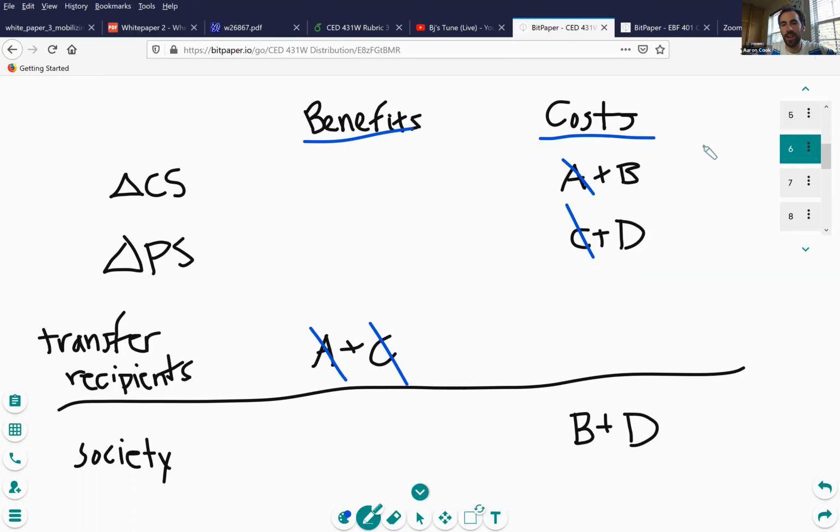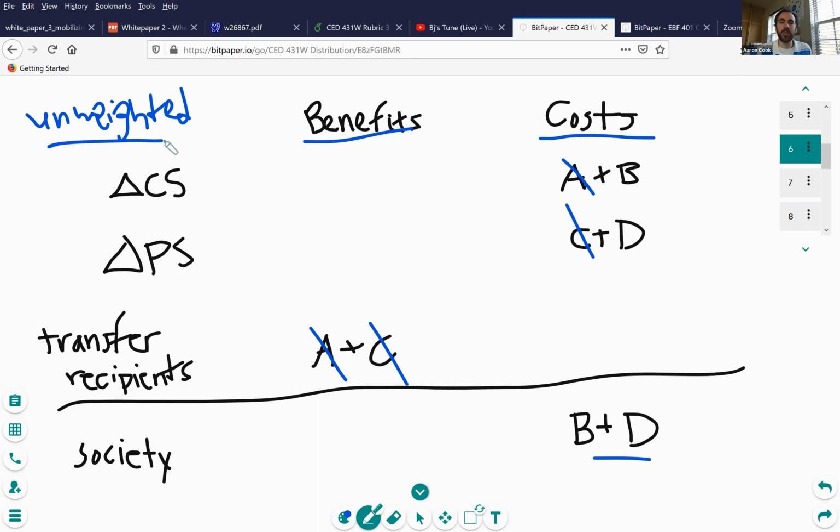in most kinds of tax analysis, where the transactions that are not occurring because of this tax represent transactions that would be mutually beneficial for both consumers and producers, but because the tax drives a wedge between the price that consumers pay and the price that producers receive, there's actually less of that activity going on, and so there's an overall loss to society of B plus D. That would be, I'm going to call this, unweighted benefit cost analysis of this transfer program, where you're not adjusting any of the numbers based on who the people are.